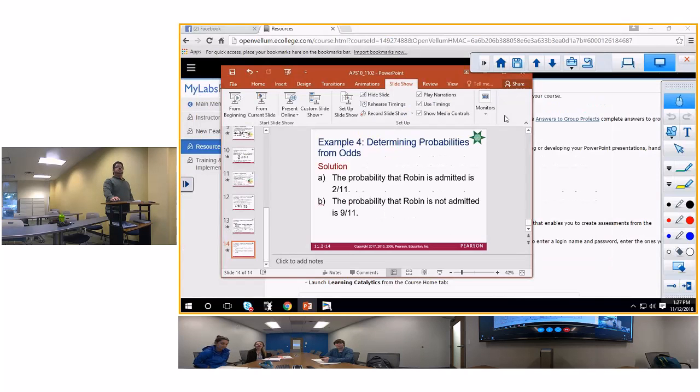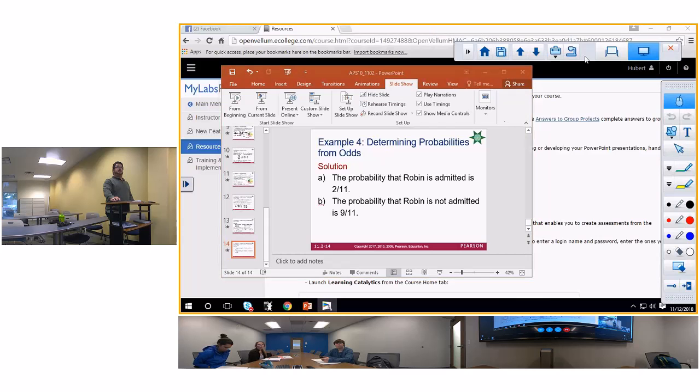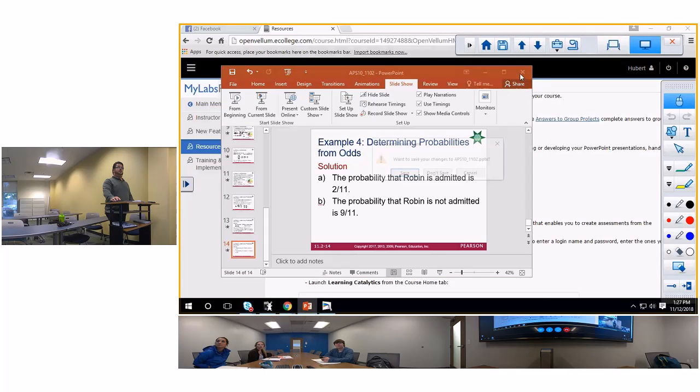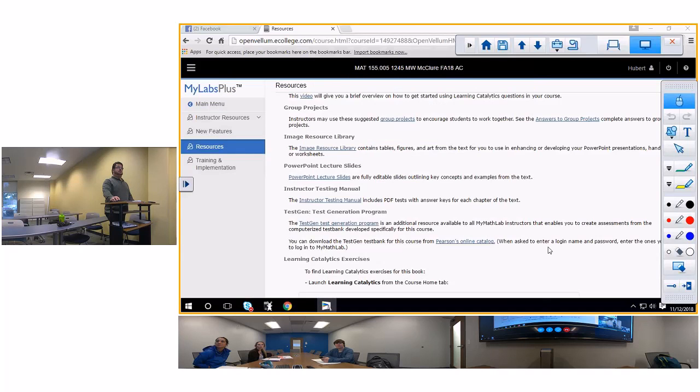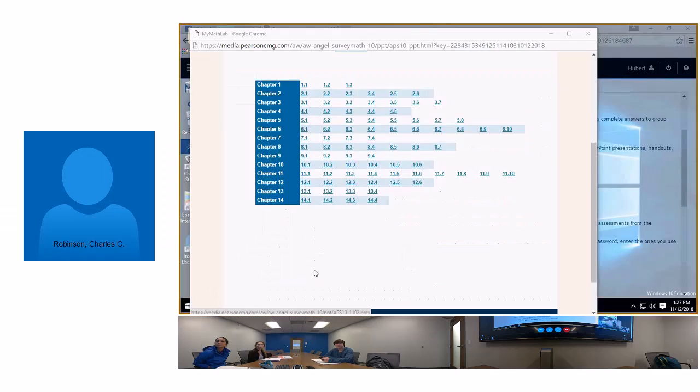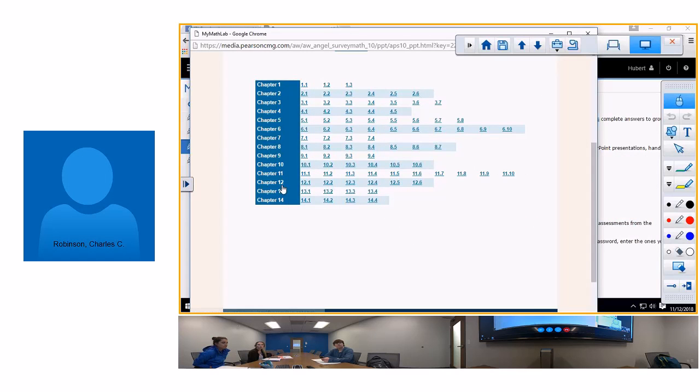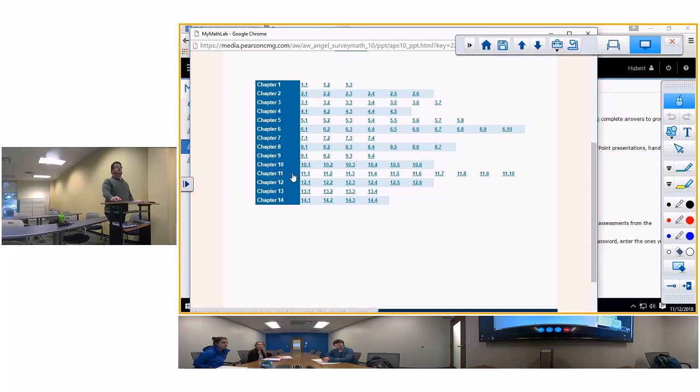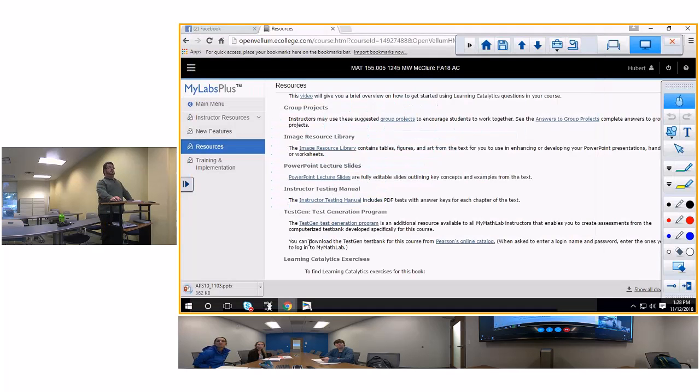Now, I'm going to just do this for giggles because we are technically done except for the autopilot chapter, but I do want to look at something. And I want you to get your money's worth. 11.3, I want to see what 11.3 is. Probably the additive law or the multiplicative law.